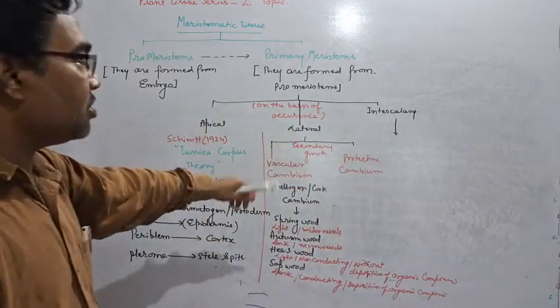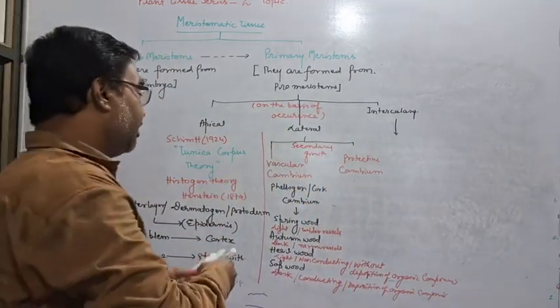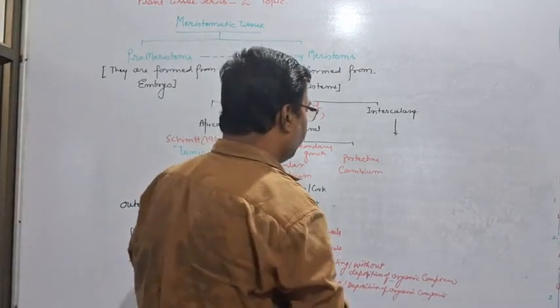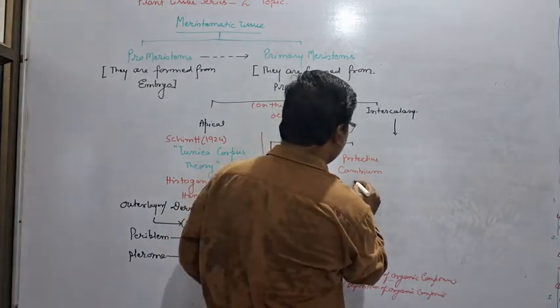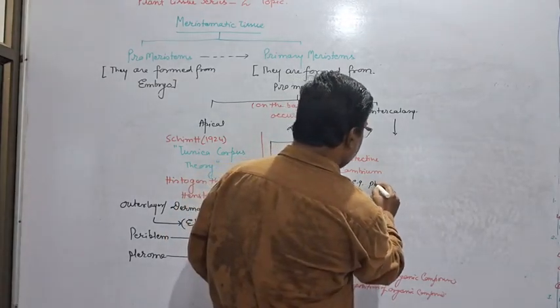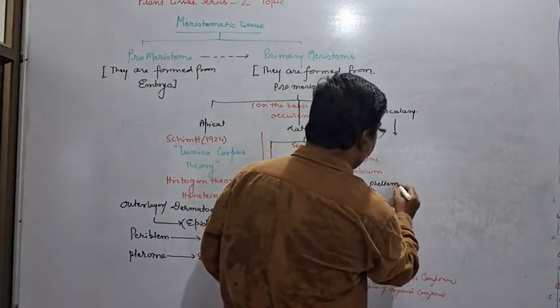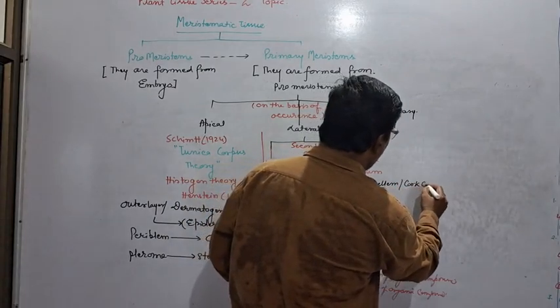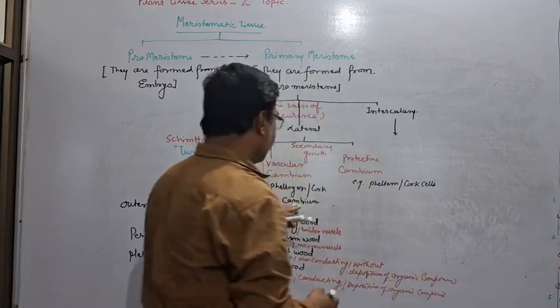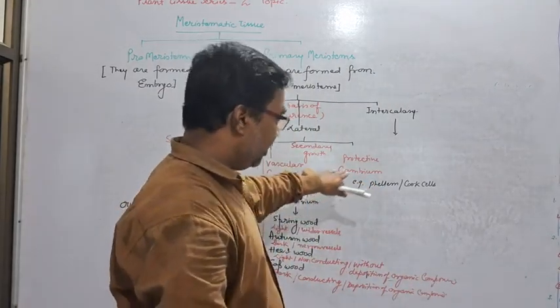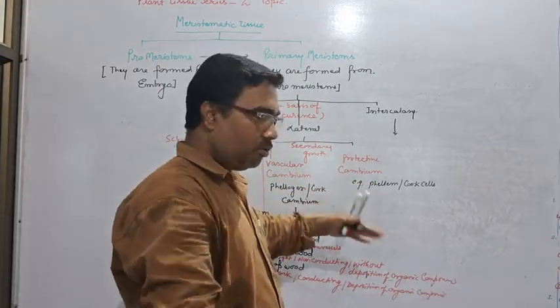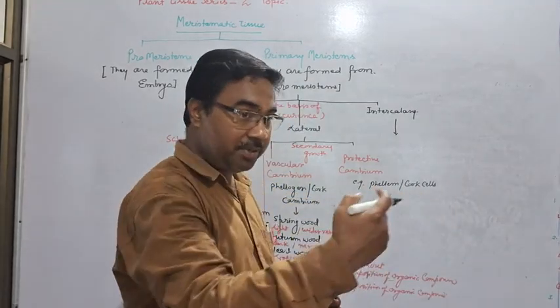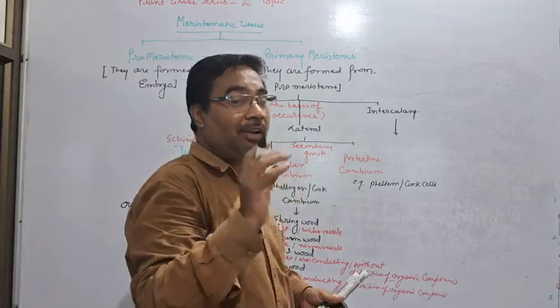So these are the vascular cambium. Now protective cambium, what can you learn? Protective cambium forms phellem, which you will learn as cork cells. It is cork cambium, phellogen. It is also cambium, but it is found in the outer area, just below the bark. Bark is not a biological term.